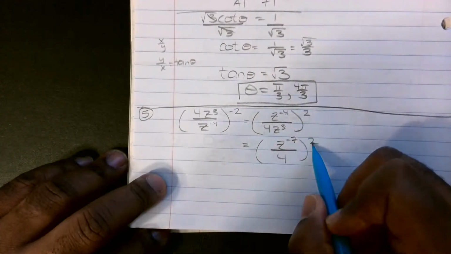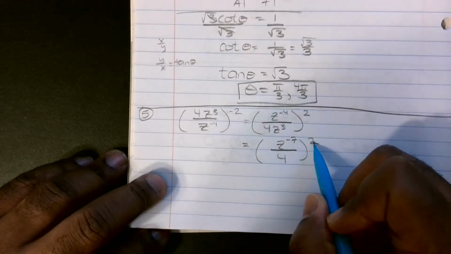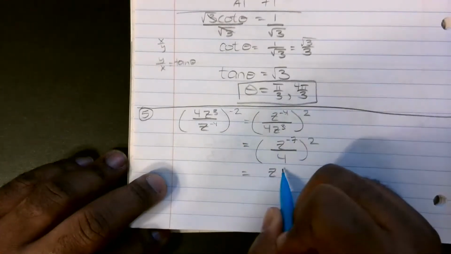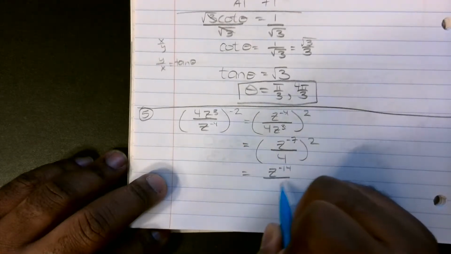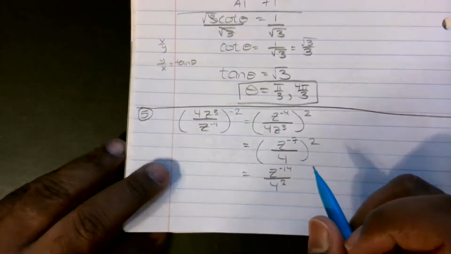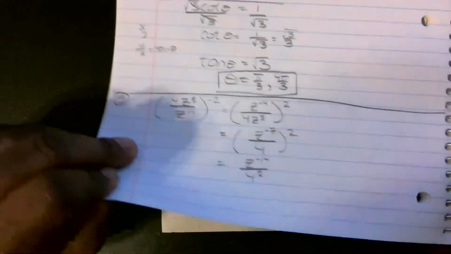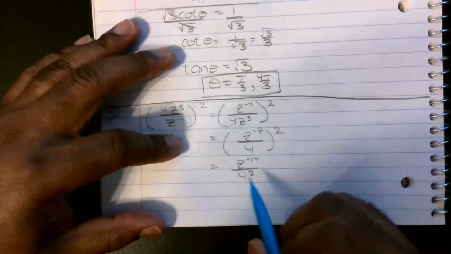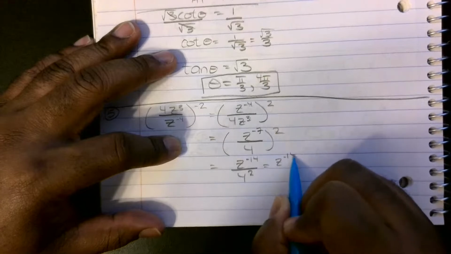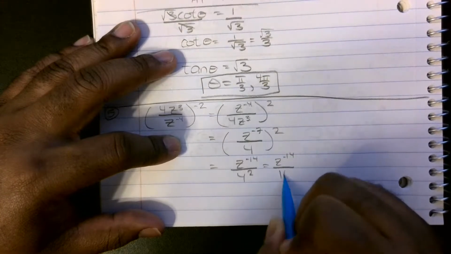Okay. The squared is out here, so I'm going to square the top and the bottom, and I end up with z to the negative 14th over 4 squared, because I squared. Let me know if I need to write this step out again, to expand this step to show every little piece of it. 4 squared is 16, so z to the negative 14th over 16.